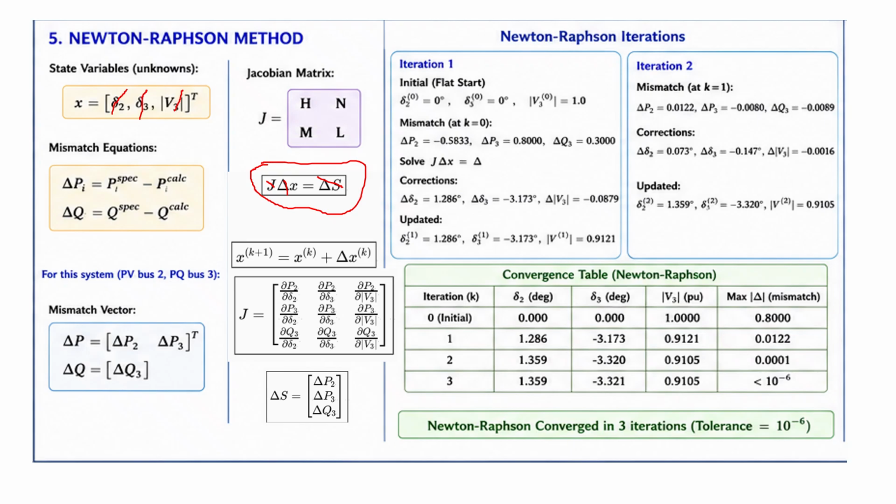So to do that, first we calculate a Jacobian matrix at the start, or flat start. For example, in our case, for the initial start, we guess the initial parameters. Already we have done it. And we take the specified value, and the change in specified value by calculating the magnitude of power at bus 3 and bus 2, and we'll take the difference between a specified value and the calculated value.